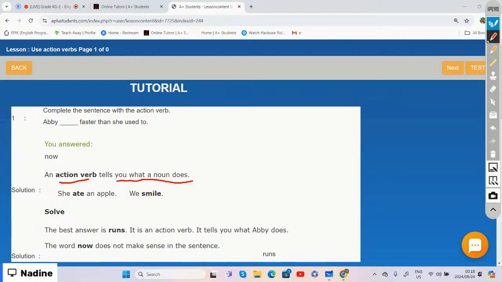So even thinking, listening, that is also an action that you are doing. Because since I'm talking and then you're listening, that is also an action verb.